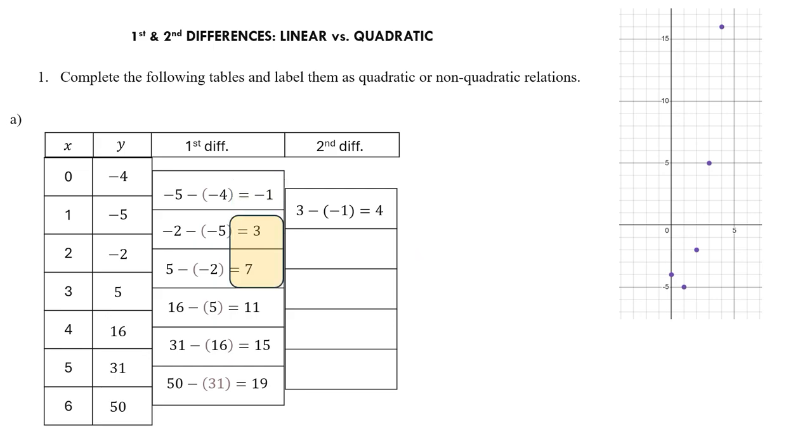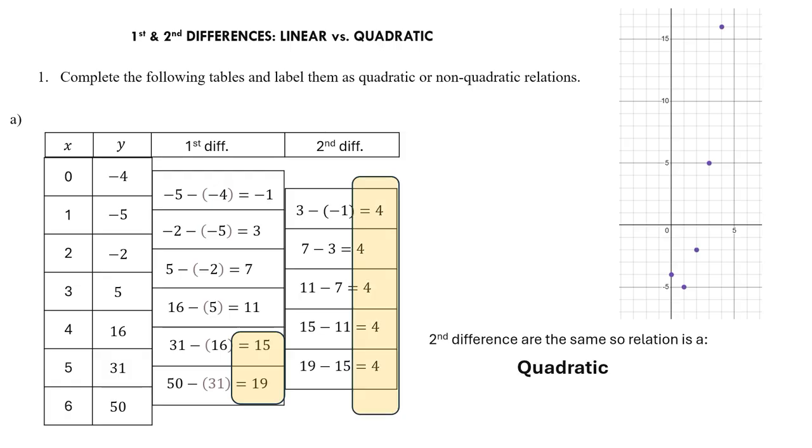The next one, 7 minus 3, gives us a second difference of 4 as well. The third one, 11 minus 7, 4. 15 minus 11, 4. 19 minus 15, 4. All of the second differences are the same, so we know that our equation is a quadratic.